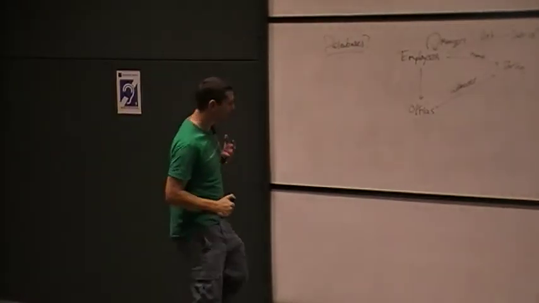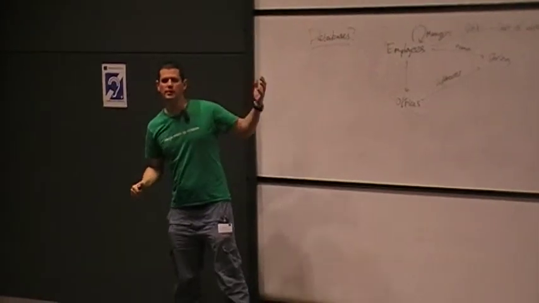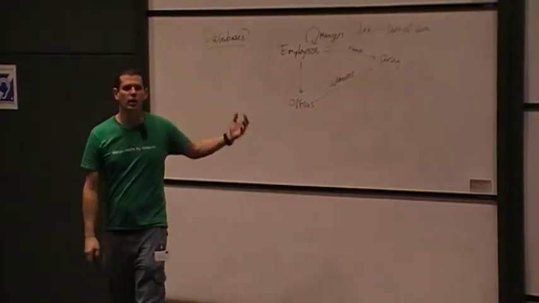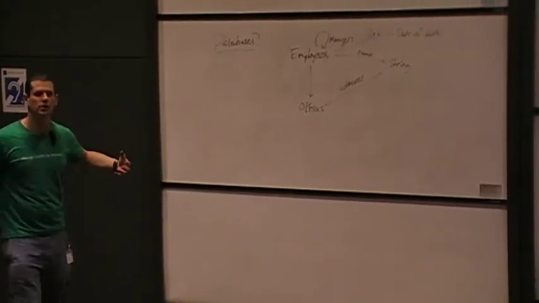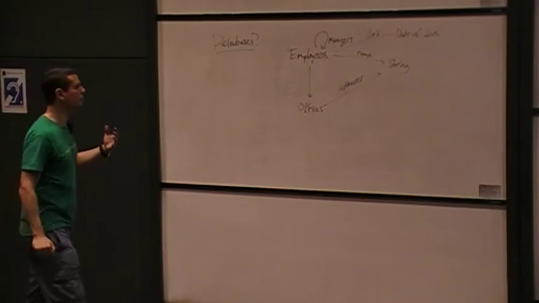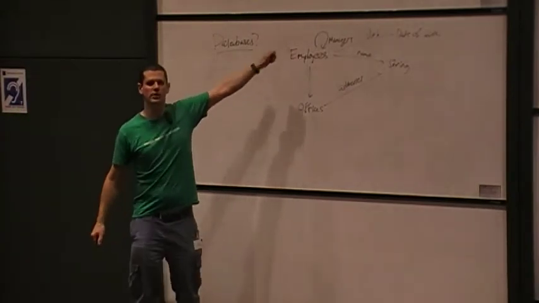So that's just a graph as described so far, but you really ought to think of it as a finitely presented category rather than a graph, because you might want to impose constraints. For example, it might be the case that everyone's manager works in the same office as them.